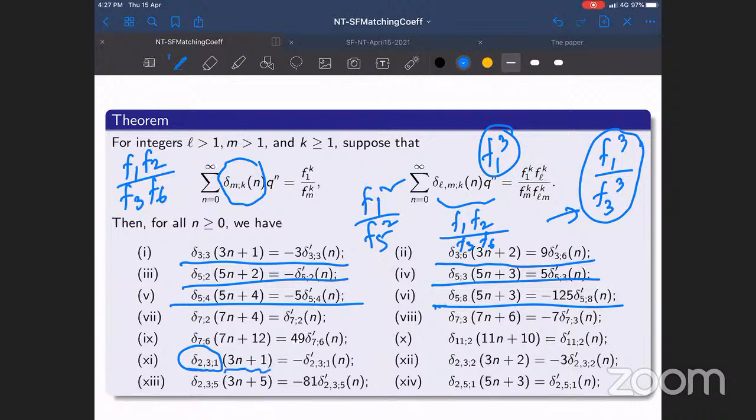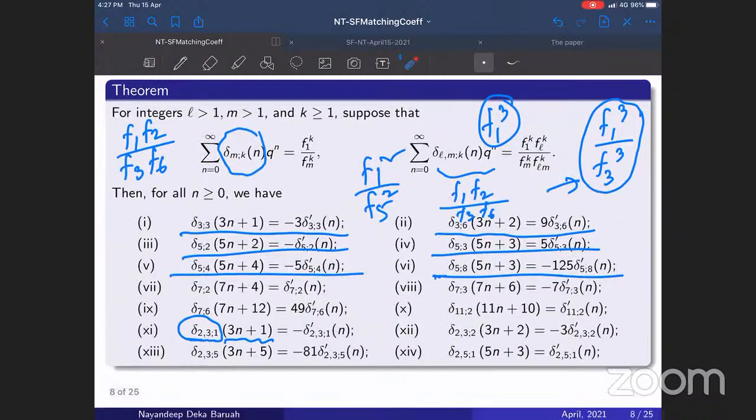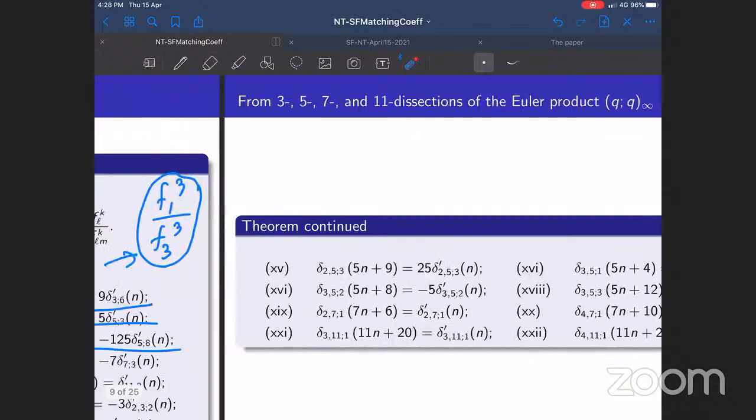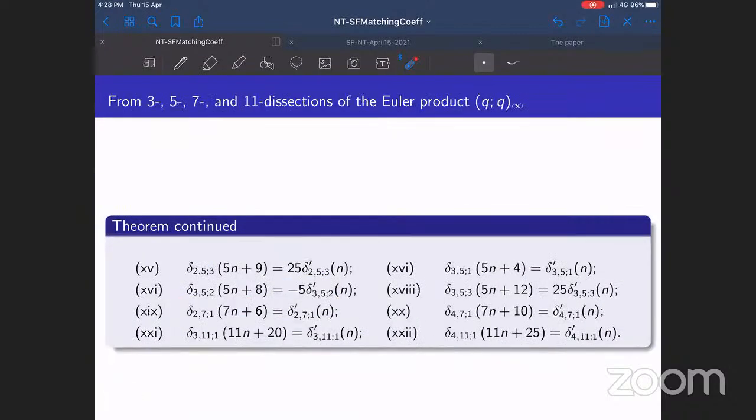So for example, 3n plus 1, that is the same as minus delta prime of n. Same is the case for 2 5 1. Okay. So we got several other results. So these are coming from special 3, 5, 7, and 11 dissections of Euler product F1 and its powers, and the combination of two Euler products like that and their quotients.